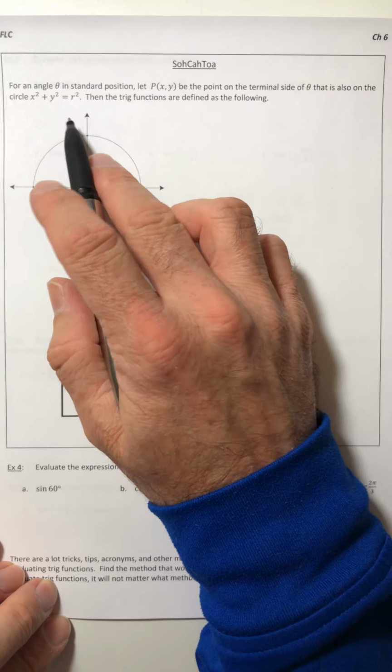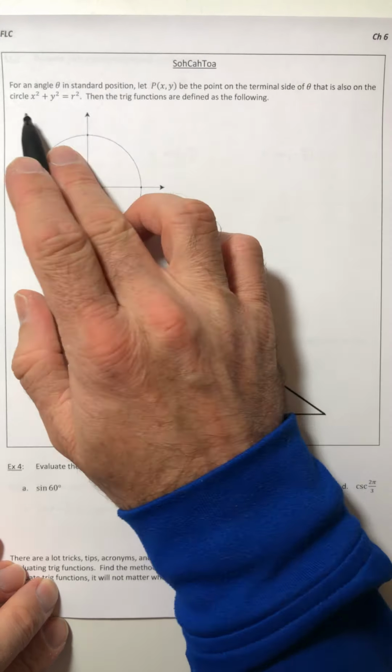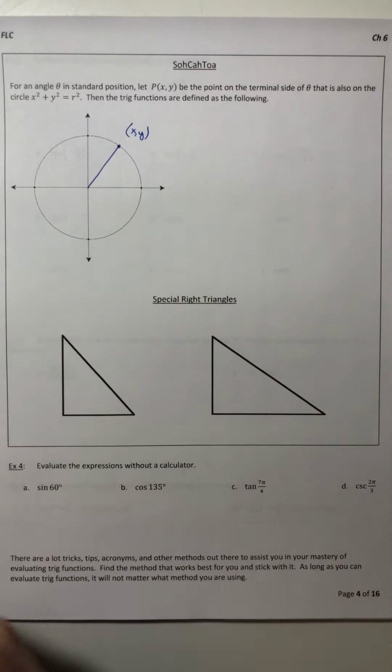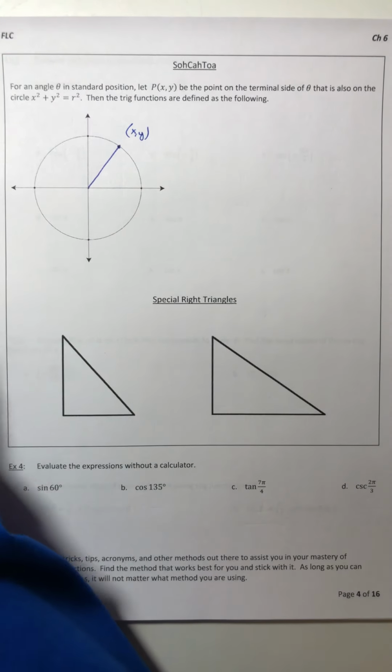So it's not necessarily the unit circle, it's just any circle that's centered right at the origin. You still have a radius, and it's still intersecting the circle at a point (x, y), but we're going to draw a triangle out of this.